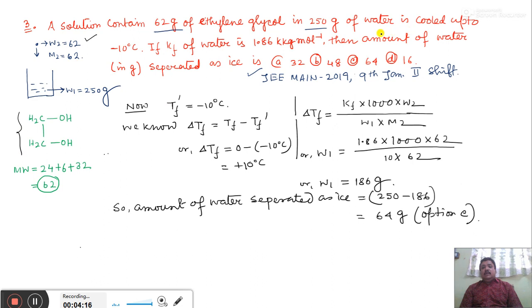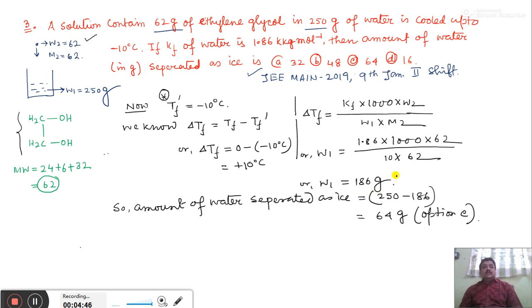The solution is cooled to minus 10 degrees centigrade, that means T'f is given as minus 10 degrees centigrade, so delta Tf is plus 10 degrees centigrade. We know delta Tf is equal to Kf into 1000 W2 by W1 M2. Putting all the values, using the calculator, we get the value of W1 as 186 gram.